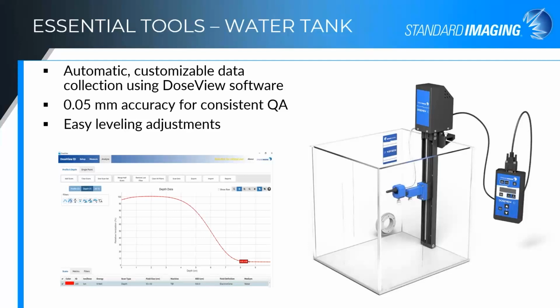And the DoseView will accommodate the W2, those micro chambers, pancake chambers, the parallel plate chambers, or standard Farmer chambers, really all the detectors that you need for the TG51 or TRS 398 beam calibration measurements can be accommodated in the 1D tank.